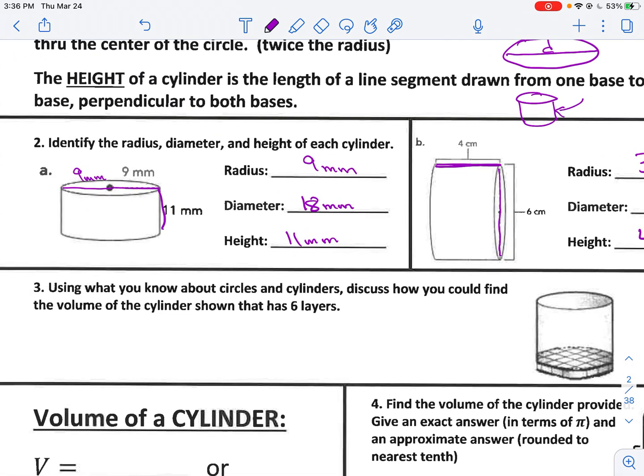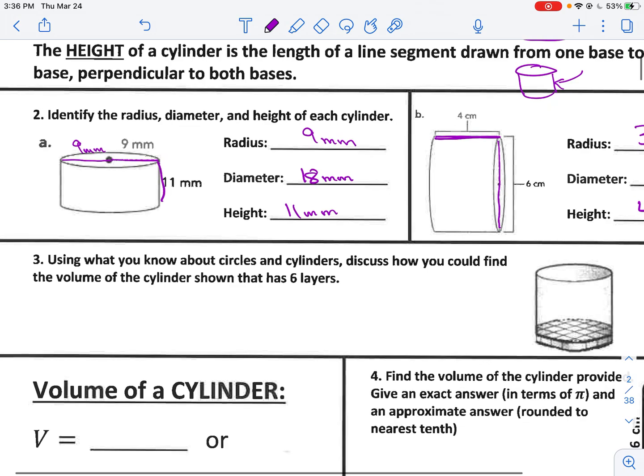Okay. Now, let's look at this. So we know the bottom here, right here, that's a circle. This is a circle on top. So we know that this has a bunch of circles on top of each other.